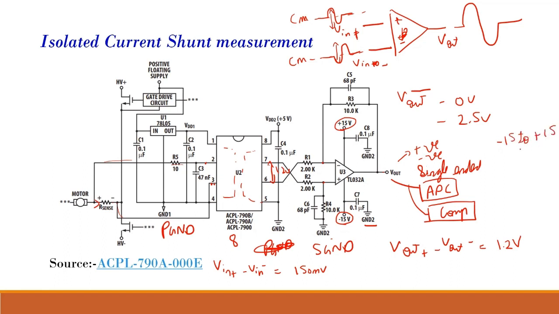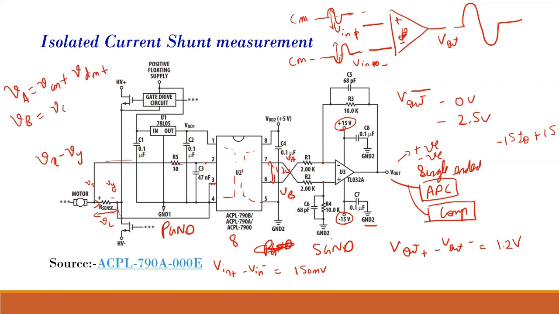The main point I want to tell you is this: this is a voltage signal, with Vx and Vy, and the difference Vx minus Vy is the input to my isolated op-amp, which generates another differential signal, suppose Va and Vb. My Va will be V common mode plus Vdm plus.